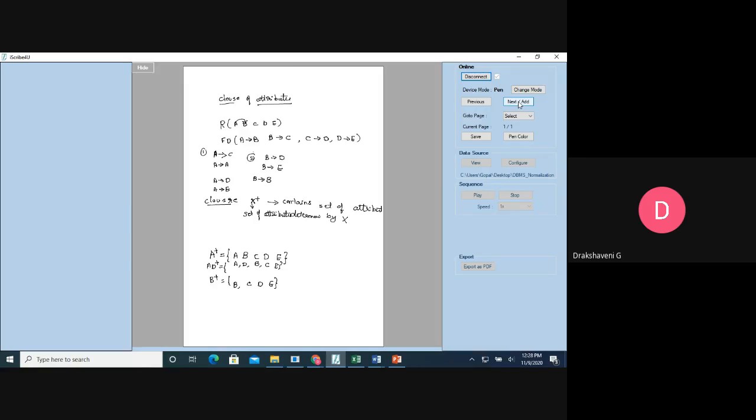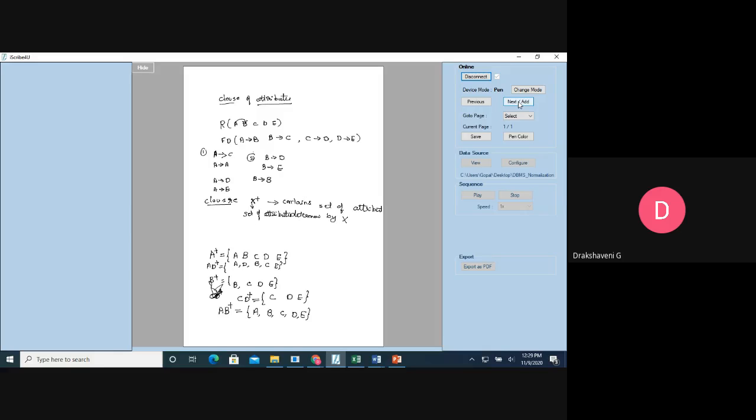Yes. Similarly, can we write A, D, C, D closure, C, D, E. Similarly, can I write A, B plus closure: A, B, C, D, E. So like this, we can write the closures of AB.